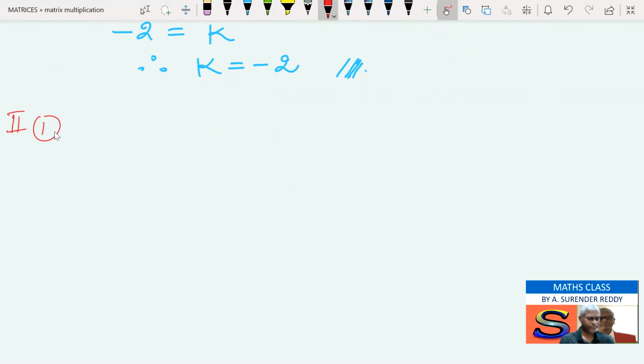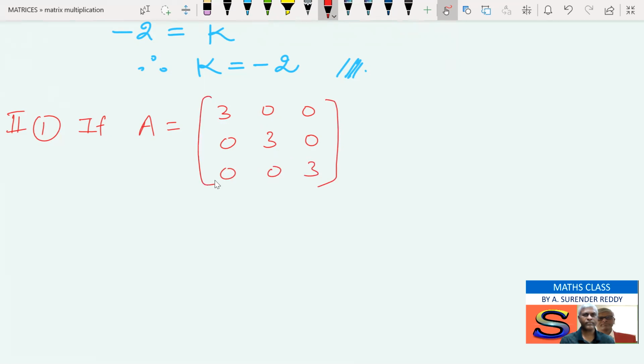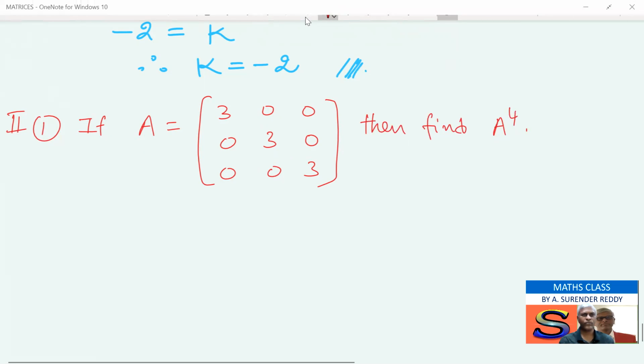First problem, if A is equal to the matrix with 3, 0, 0, 0, 3, 0, 0, 0, 3, then find A to the power 4.